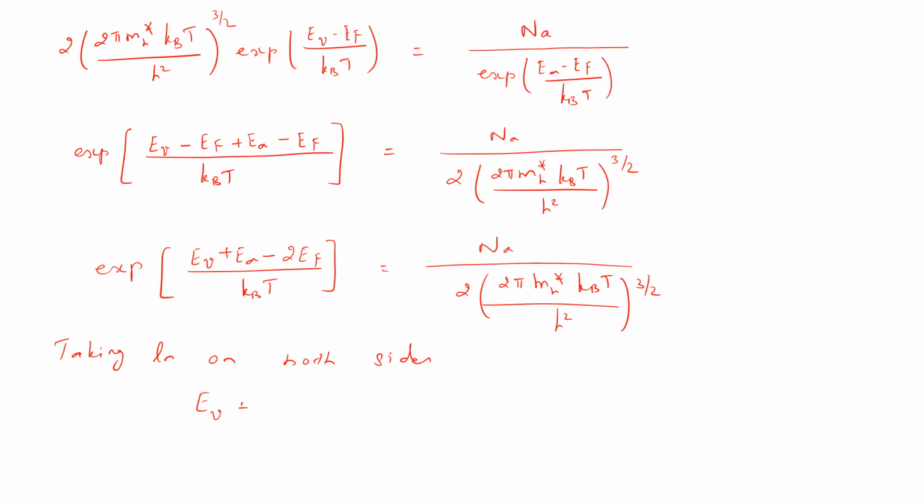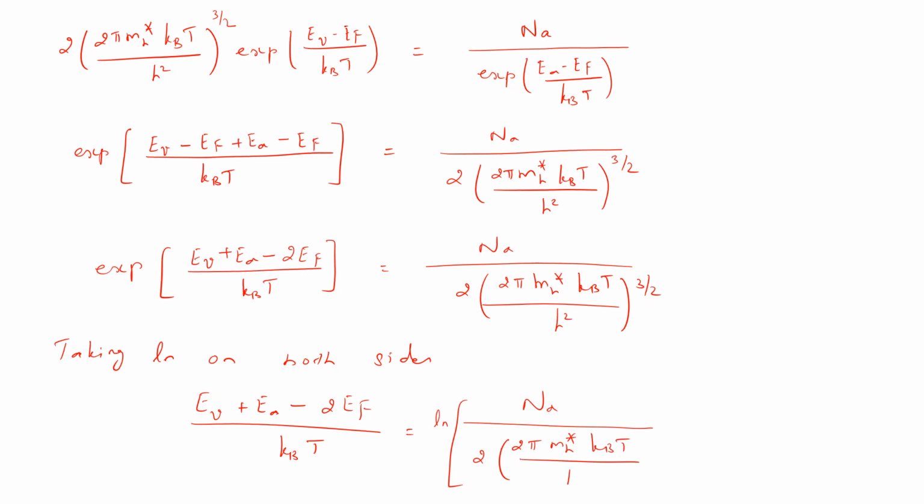So it is EV plus EA minus 2EF divided by KBT is equal to ln of NA divided by 2 into 2 pi MH star KBT divided by H square whole power 3 by 2.